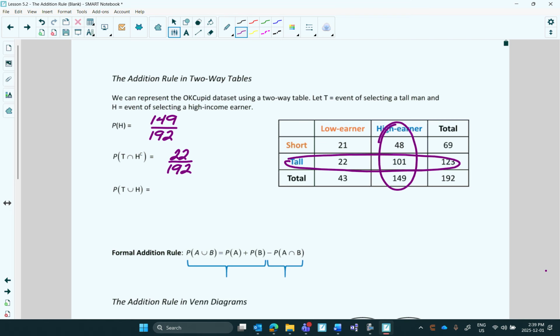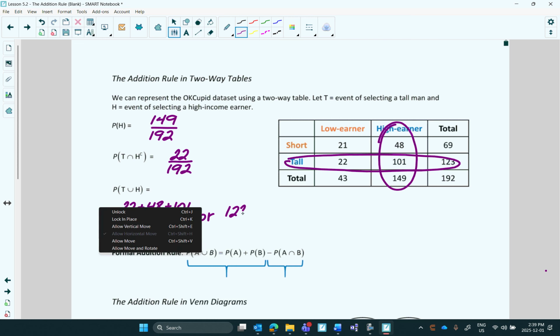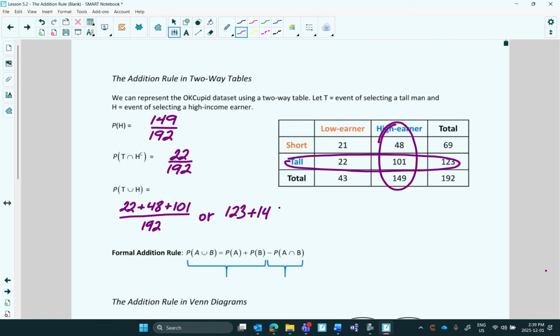So we could go 22 plus 48 plus 101 over 192, or we could take the total tall plus the total high earner, subtract the ones that were double counted, or tall and high earner. Both of these are going to give us the same answer, and that's going to be 171 out of 192.